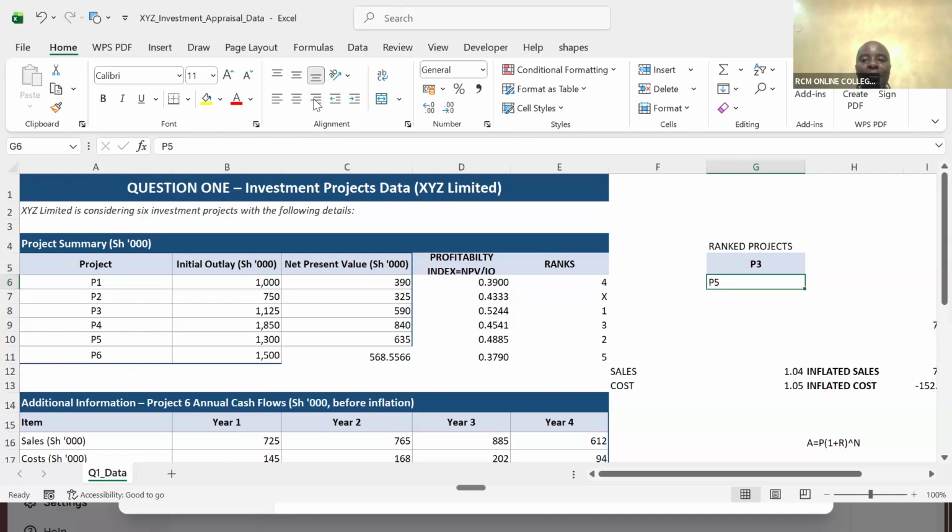I can just realign this, no problem. It's just because of how. So the third project is here, which is project number 4.